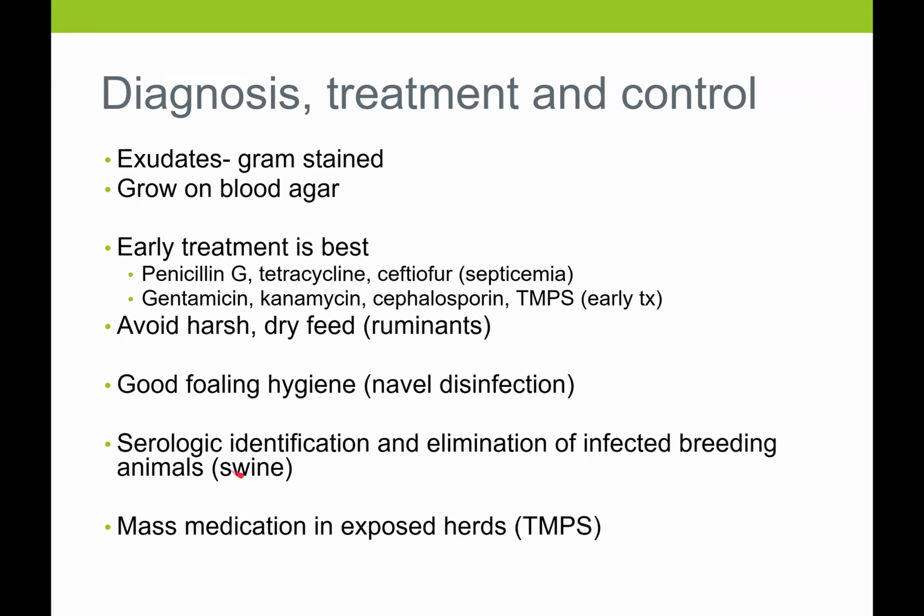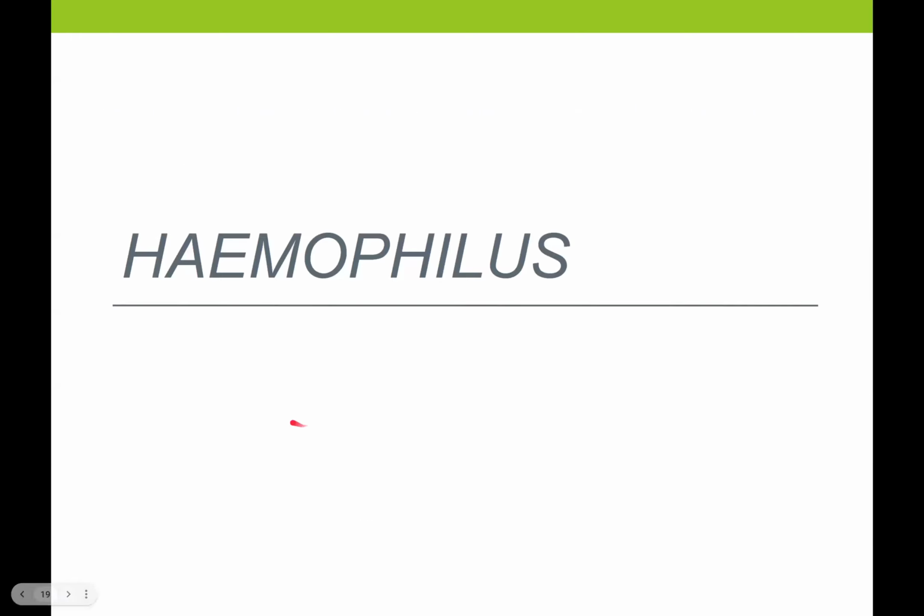And then in swine, routinely we can perform ELISA to check the serology, eliminate infected breeding animals, and provide mass medication in exposed herds. That is the common practice, but we are discouraging the abuse of antibiotics.